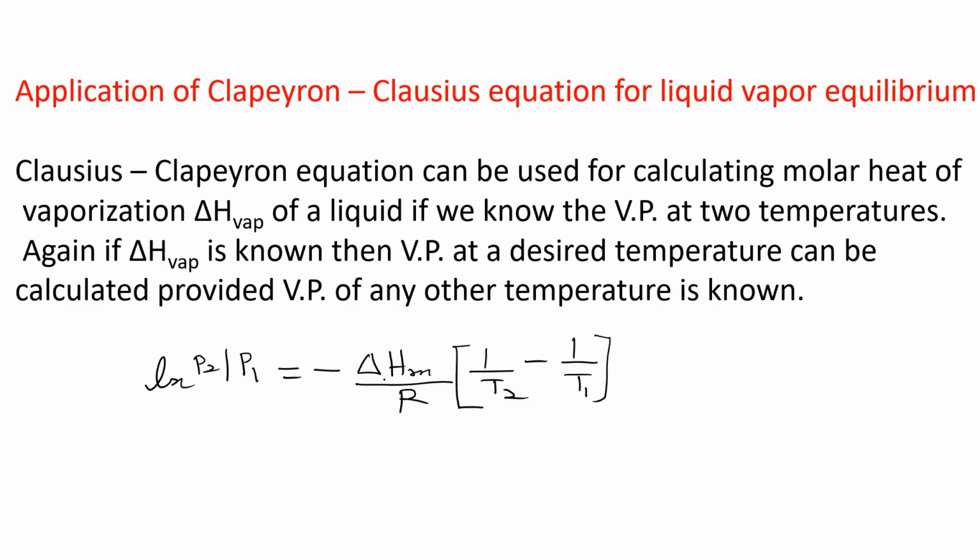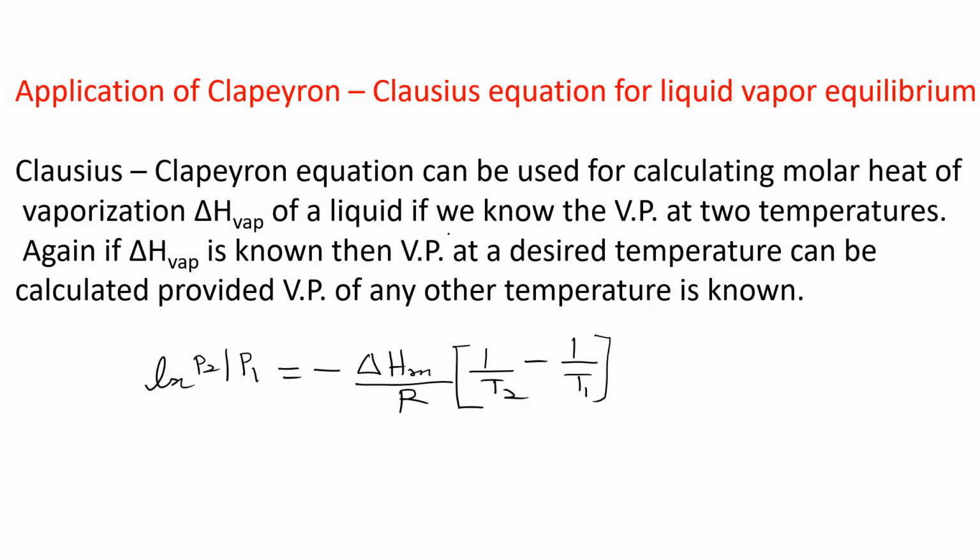This is number one. Otherwise, if you know the enthalpy of vaporization and the vapor pressure at a particular temperature, say you know P1 for temperature T1, then you can calculate the vapor pressure P2 at any desired temperature T2 using this equation.